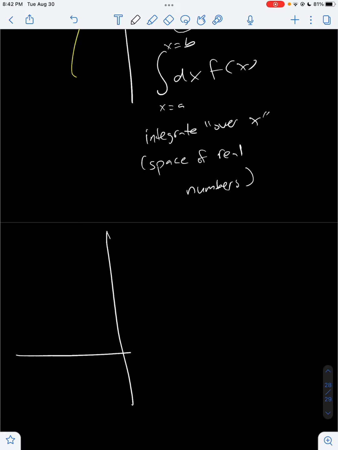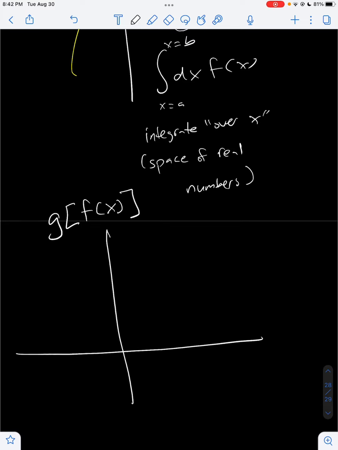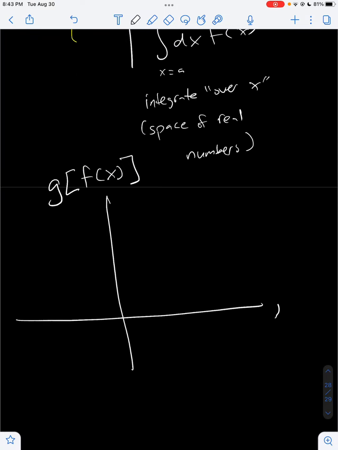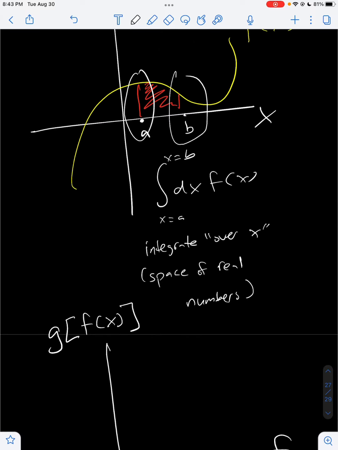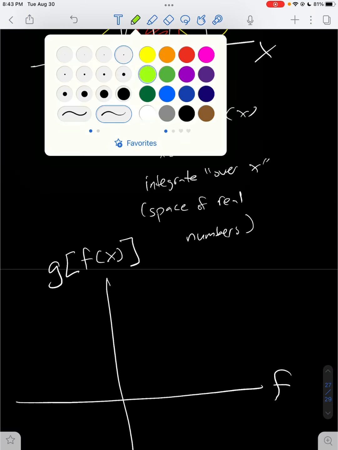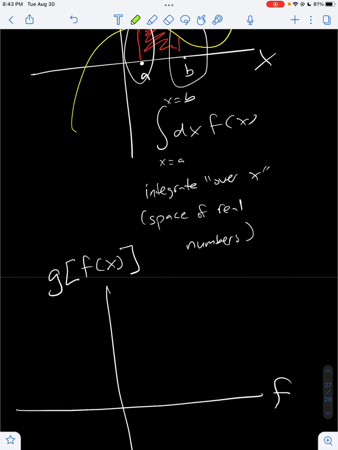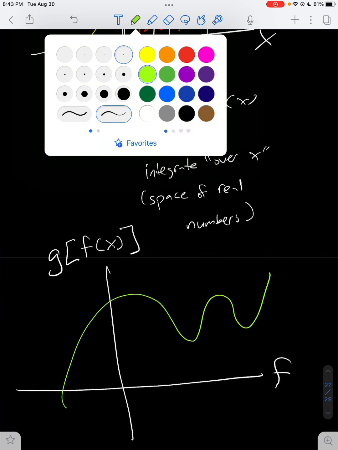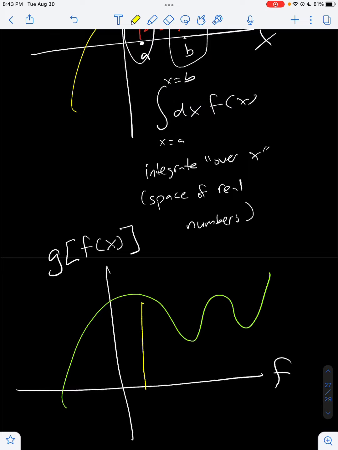Now we'd have g of f, which is our functional. And for our x-axis, we now instead have some arbitrary function f, right? We can just have some arbitrary curve, and then we can integrate under that curve to find the area.